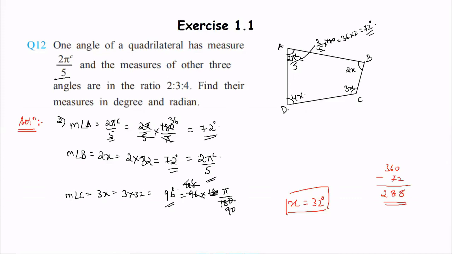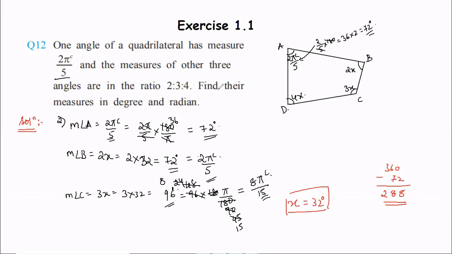Then again, 24 over 45. Can we cancel it further? Yes, we can. This will be 8 and this will be 15. So 8 pi by 15 radians is the answer for angle C.